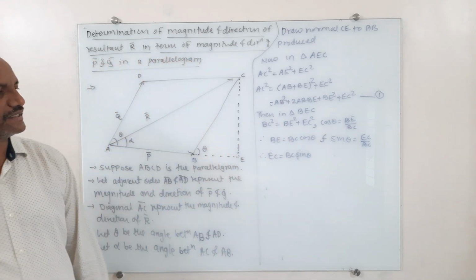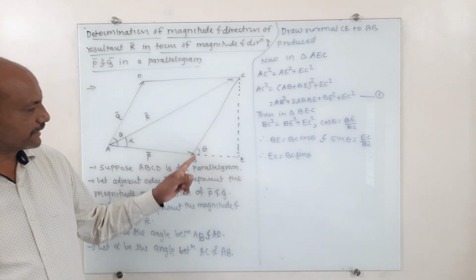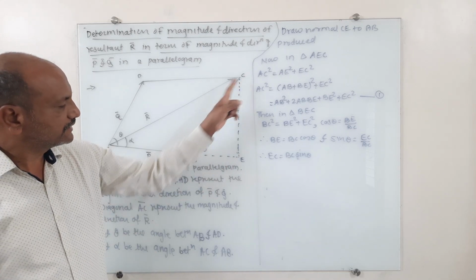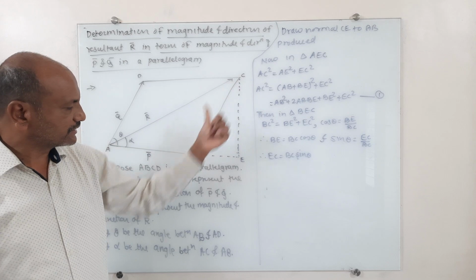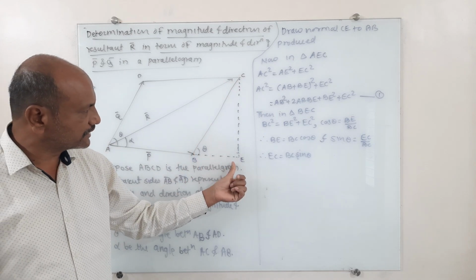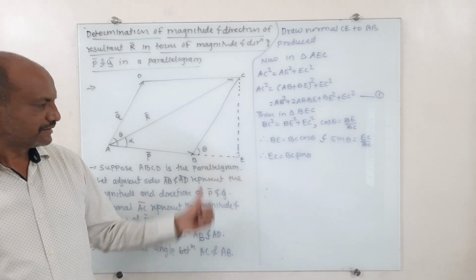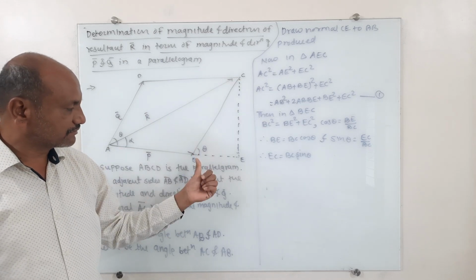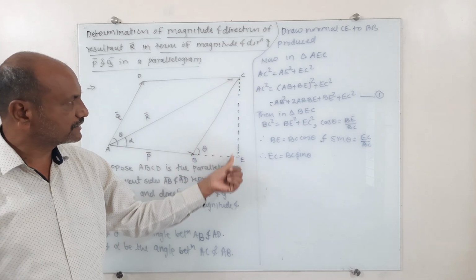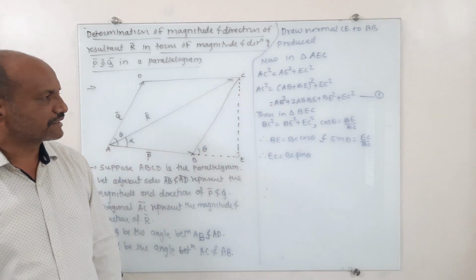In triangle BEC, BC square is equal to BE square plus EC square. BC square is equal to what? BE square plus EC square.